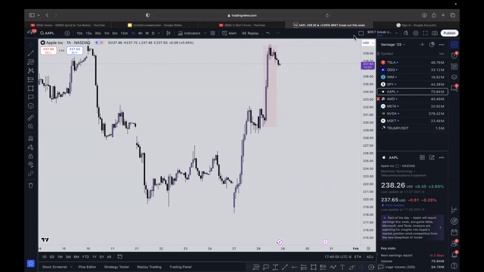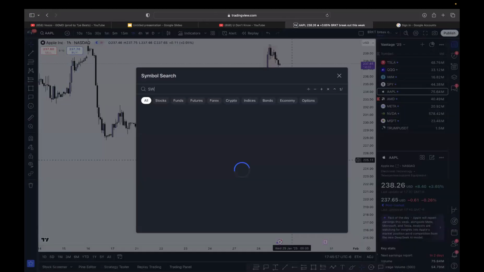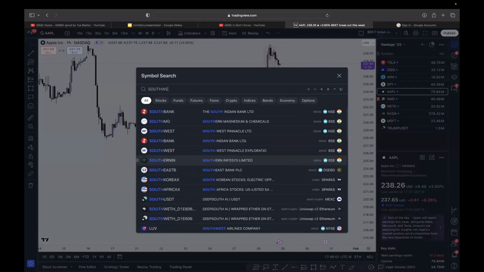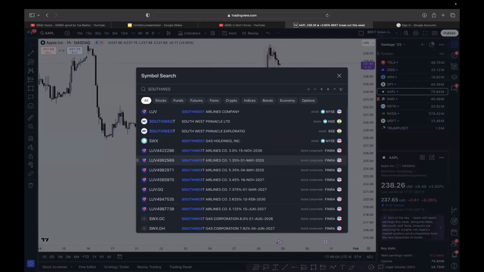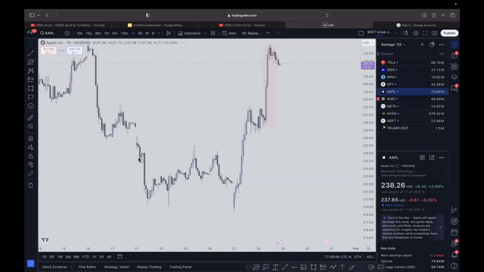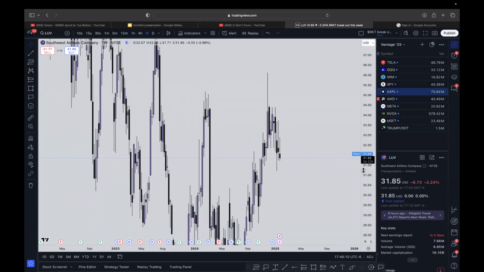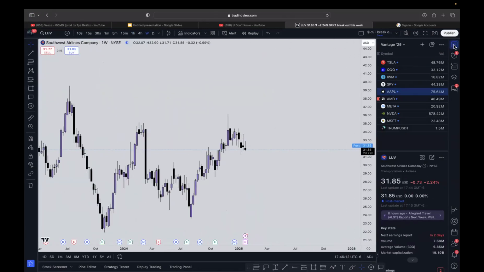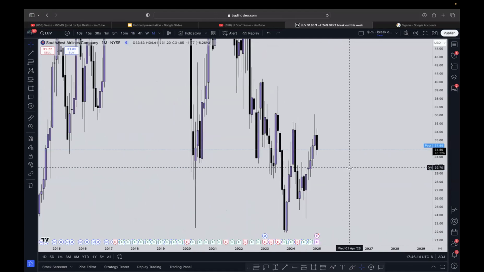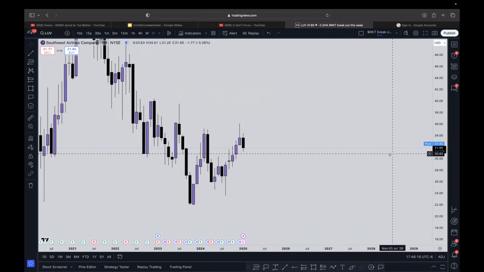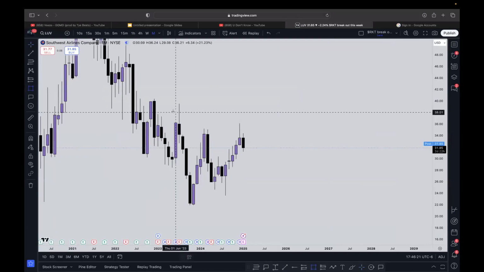Can you do Southwest Airlines? Yes. So let's do a monthly. So on a monthly, we're in a what? I want you guys to tell me. Are we bullish or bearish right now?